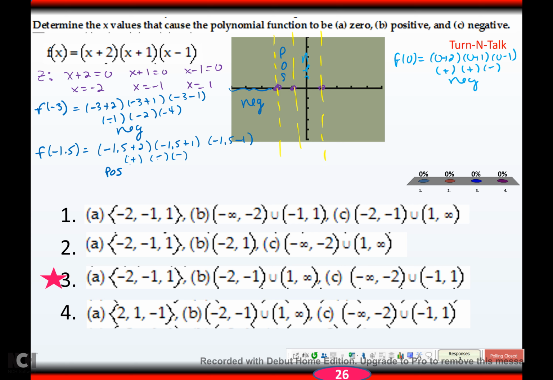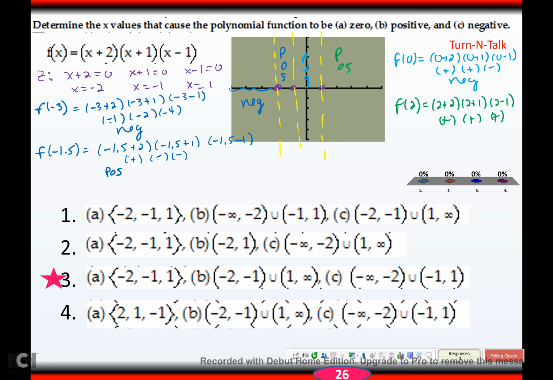So in here is going to be negative. And if I pick something on the far side, past 1, let's pick 2. F of 2, I would have 2 plus 2, 2 plus 1, 2 minus 1. This is positive, positive, positive, is going to be positive. Okay? So that's pretty much my sign chart.